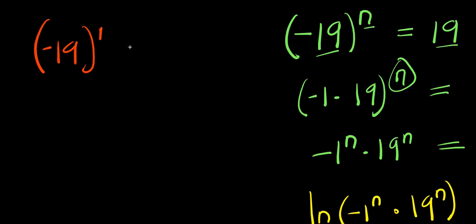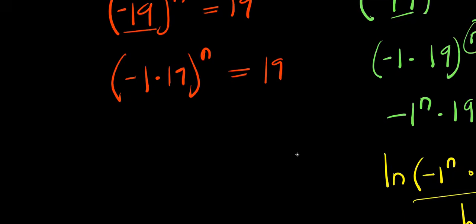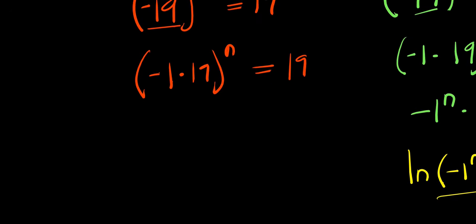Negative 19 to the power of n equals 19. And this time around, we are going to start by expressing this as negative 1 times 19 to the power of n equals 19. And we can make use of natural log.